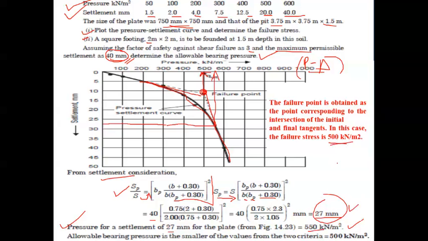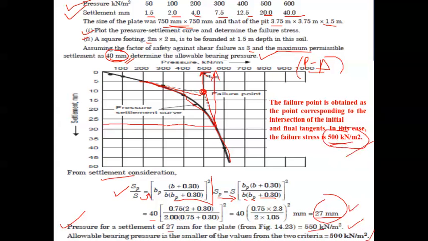Always for the design, we assume 500 kilonewton per meter square. The smaller of the two values we select, which is 500 kilonewton per meter square in this particular condition. That is what we call the allowable bearing pressure, and the same can be used in the design.